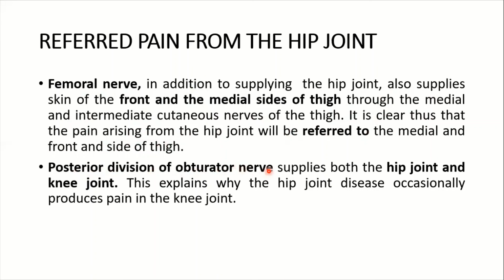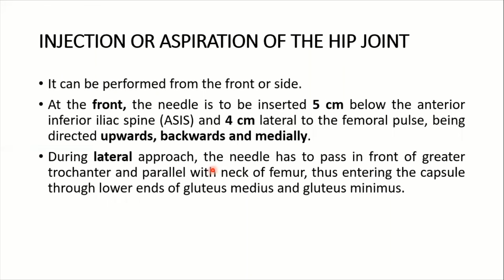The posterior division of the obturator nerve supplies both the hip joint and the knee joint. So this explains why hip joint disease occasionally produces pain in the knee joint, right? So two nerves, the femoral nerve and the posterior division of the obturator nerve, are involved in producing these referred pains.